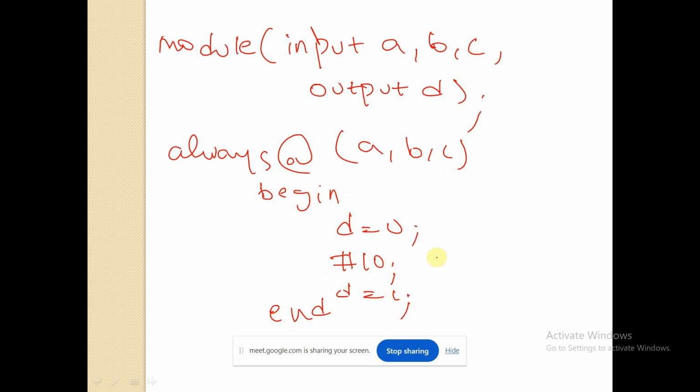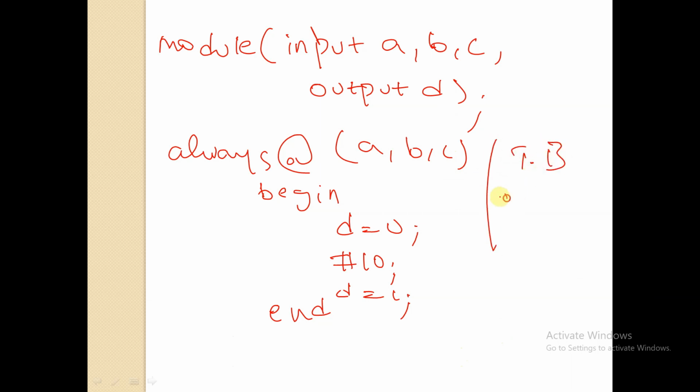If I write my TB, I will drive the values of A, B, and C after instantiating. And if I print the value of D, what is the value of D? Any answer?